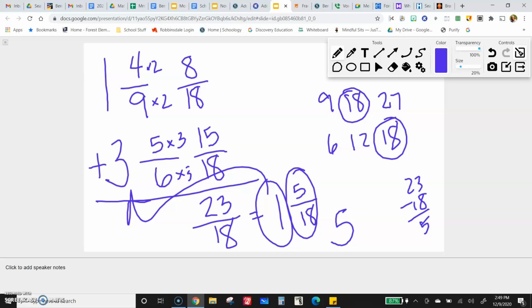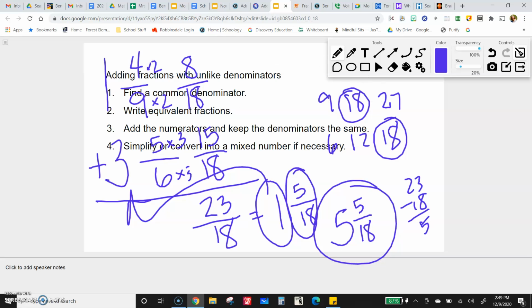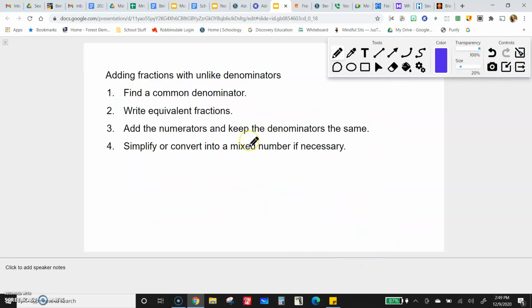And then I have 5/18 left over from when I regrouped. Okay, so again, that is the trickiest part. Other than that, it's just the same as when I was adding my regular fractions.